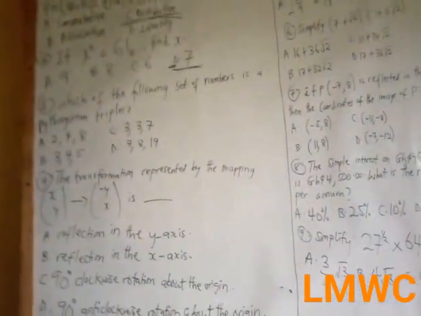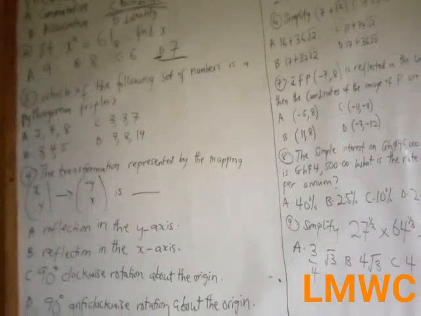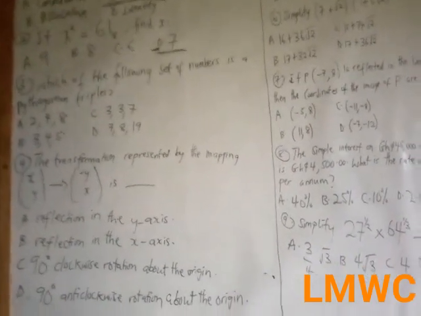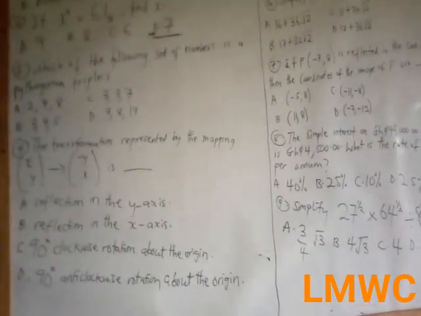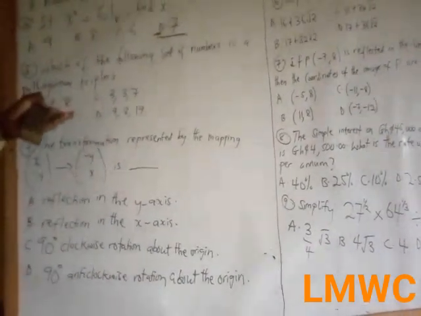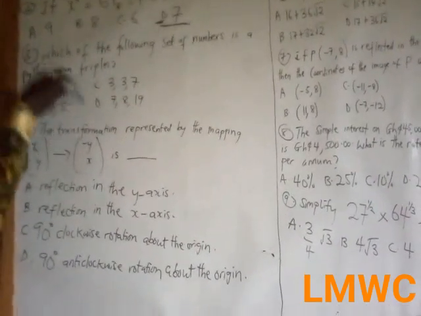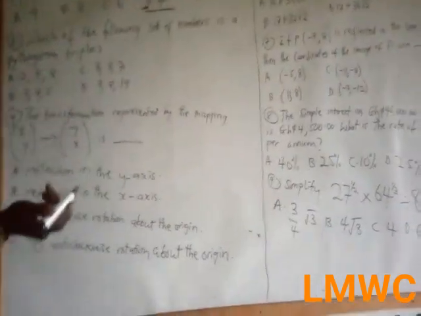Question 3. Which of the following set of numbers is a Pythagorean triple? When we talk of Pythagorean triple, you see I have given you 3 numbers. The sum of the squares of the first 2 numbers will be equal to the square of the third number.